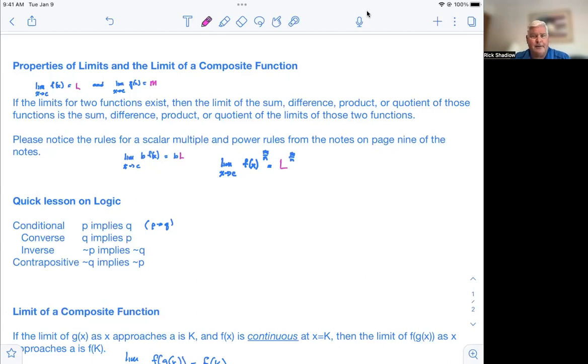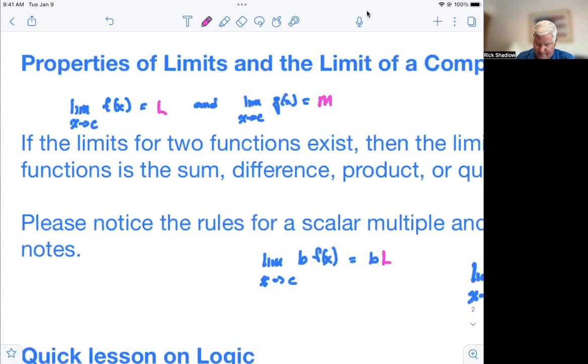So today, the properties of limits. If two functions have limits, the limit of f is L and the limit of g is M, symbolically represented there.